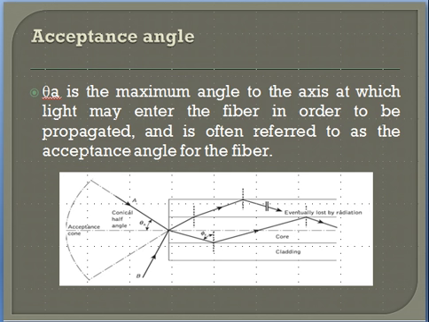Only rays with a sufficiently shallow angle, that is, an angle to the normal greater than psi c at the core cladding interface, are transmitted by total internal reflection. It is clear that not all the rays entering the fiber core will continue to propagate down its length.